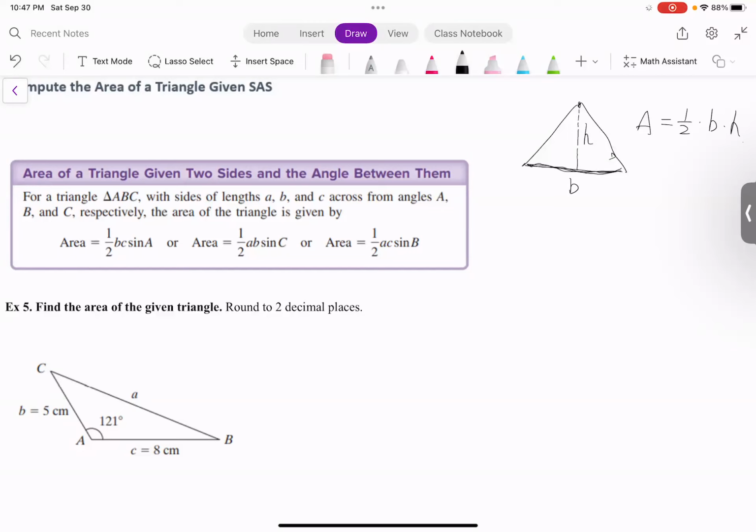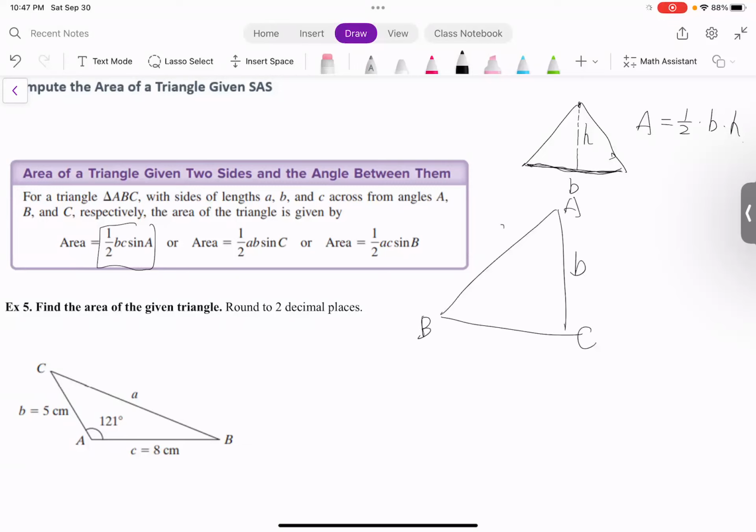I can also find the area. And how to find the area? We have the formula here. The area equals 1/2 times bc times sine A. Okay, that is, so a, b, c.